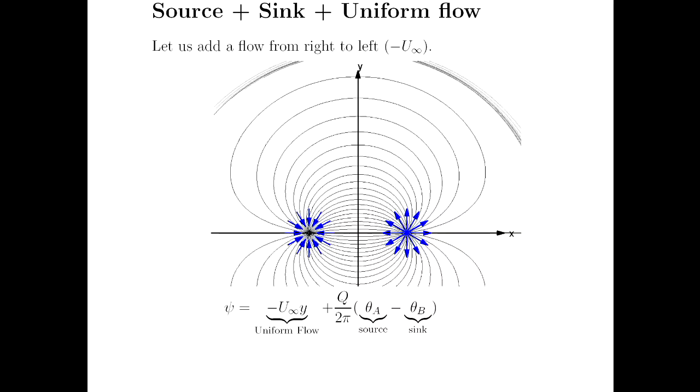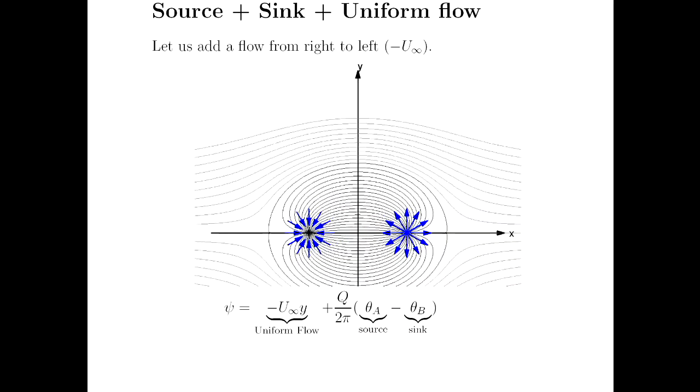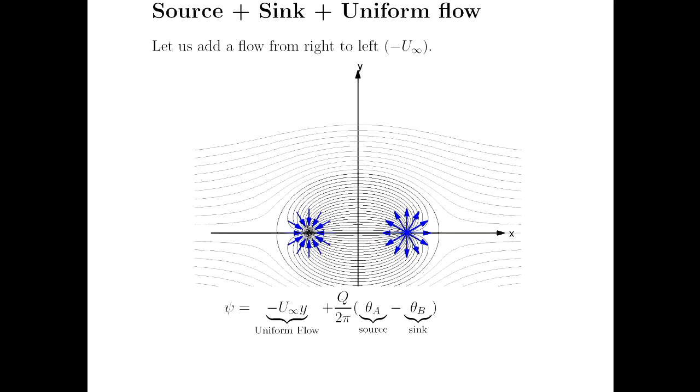Now as I add my uniform flow, as I increase U infinity, you can see we have a flow that looks like that. And indeed, now we have closed our streamlines, so we now don't have an infinitely long half-Rankine body.